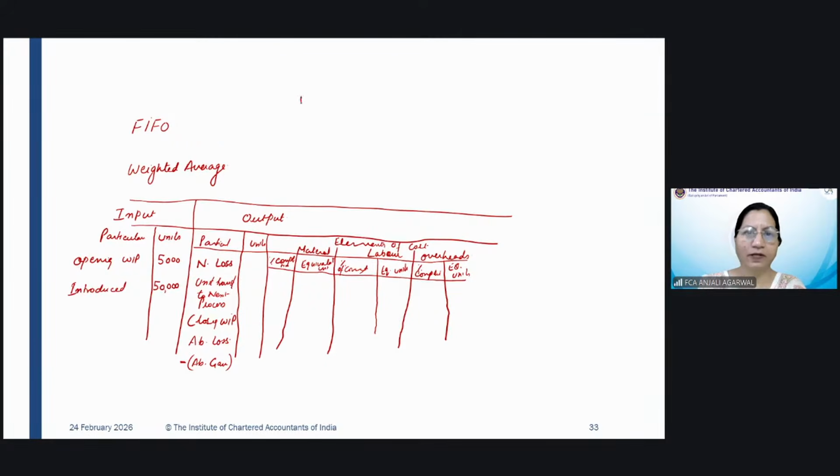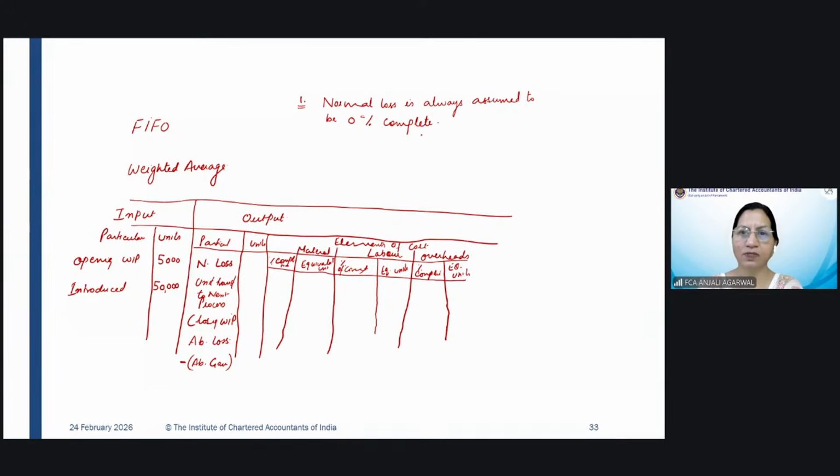Now, some important things. Number one, normal loss is always assumed to be 0% complete. Why? Because the cost of the normal loss is to be borne by good units, right? So normal loss is never assumed to be having any completion percentage.